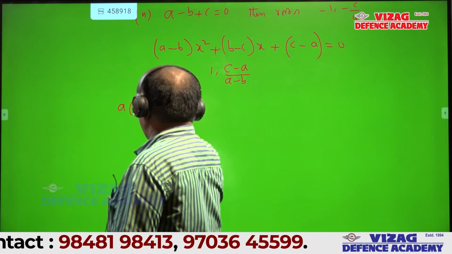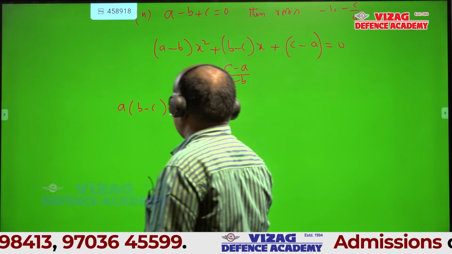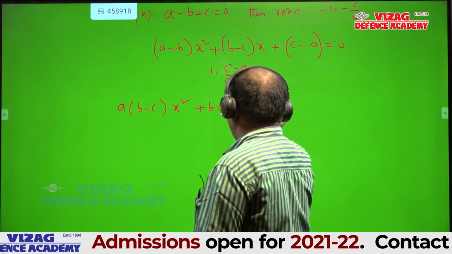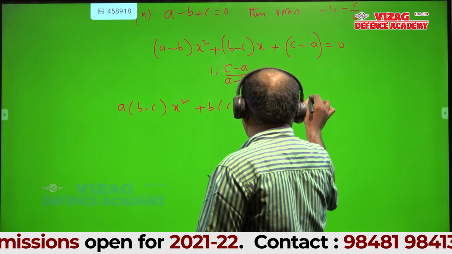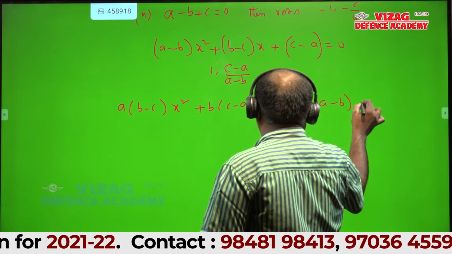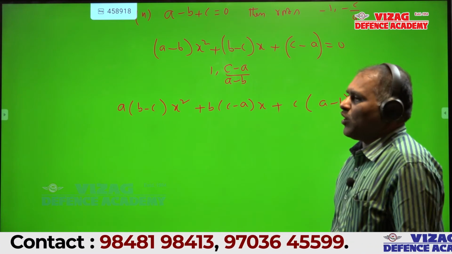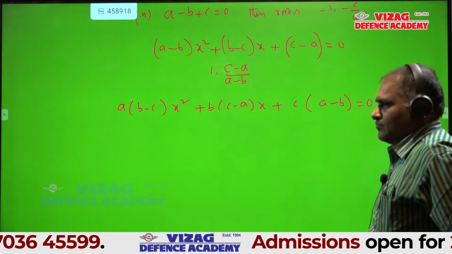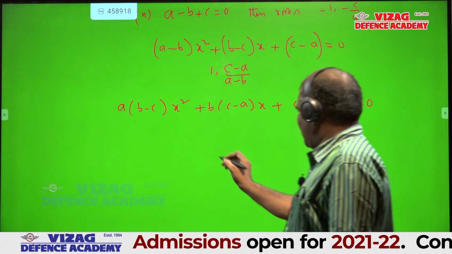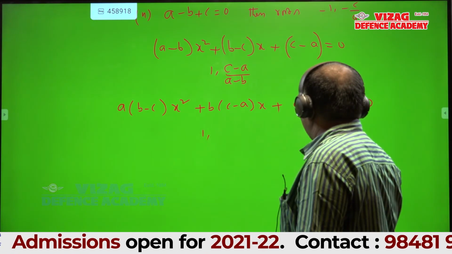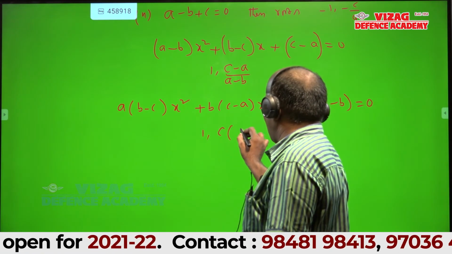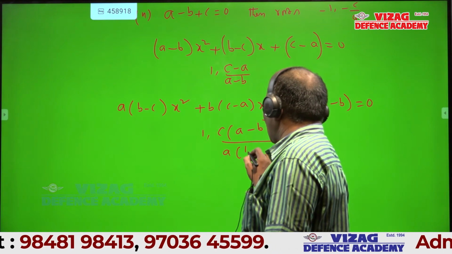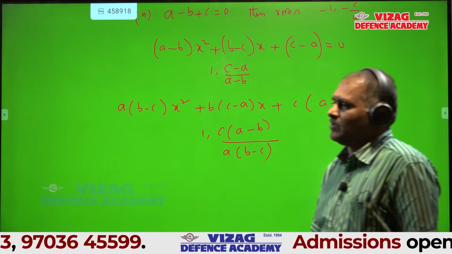A into B minus C into x square plus B into C minus A into x plus C into A minus B is equal to 0. What are the roots of this equation? 1 comma, C into A minus B by A into B minus C. Very good.